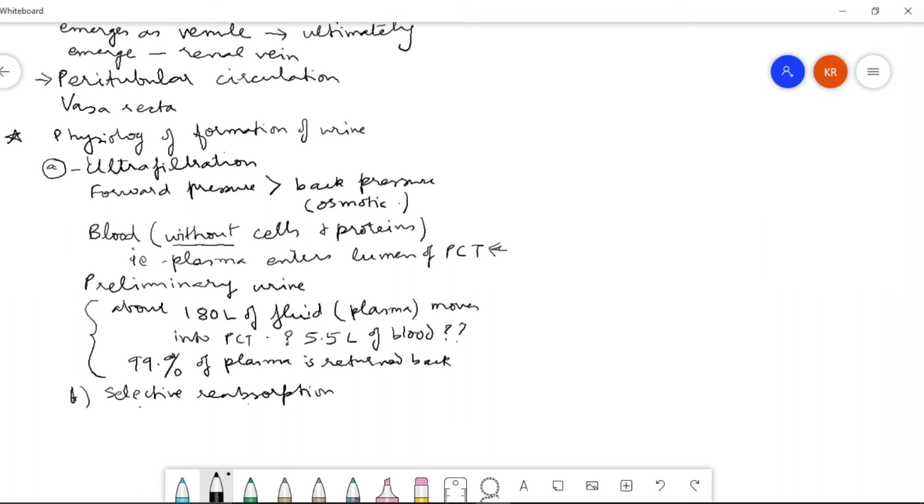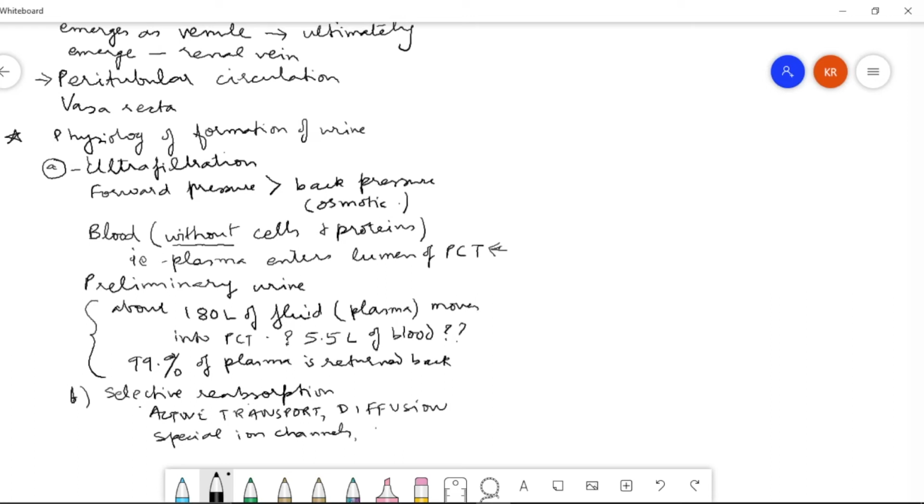So it will be reabsorbed either by active transport or by diffusion, which may happen through special ion channels.